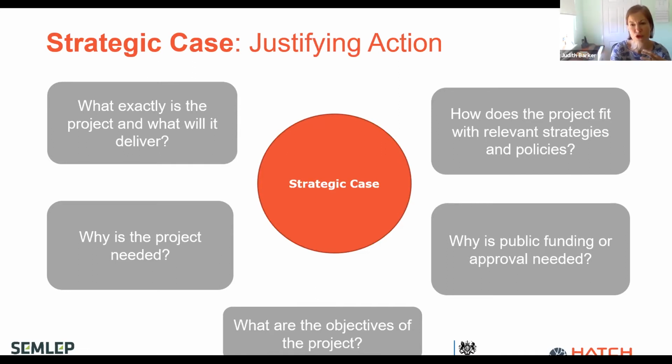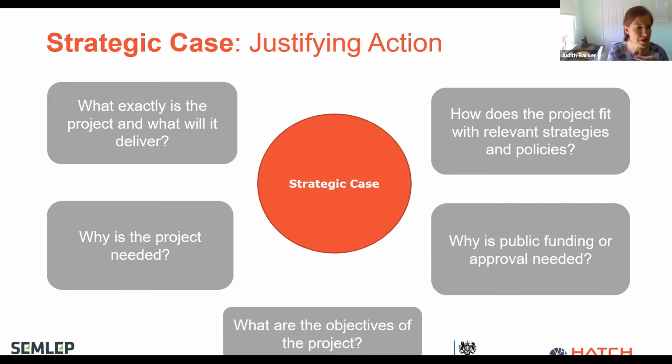But you should be able to draw on national and local policies and strategies, which should all be available online, in order to demonstrate that what you're putting forward as a solution to this problem is sensible and fits with the policy framework. Because clearly, if it goes against the policy framework, that isn't likely to be successful in a business case. So setting out how what you're proposing fits with the wider policy framework is important.